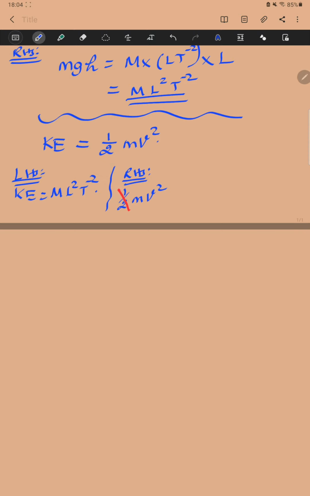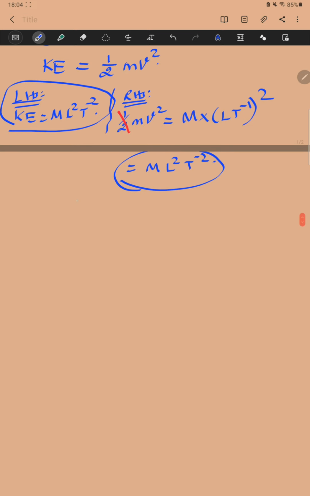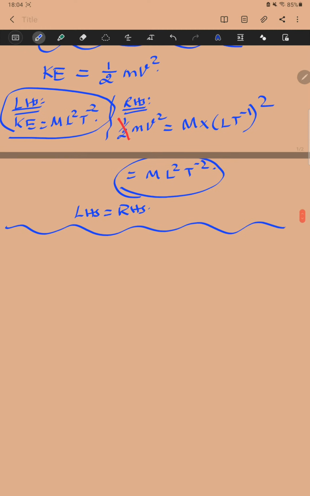Yeah, so m is mass, M, times velocity, L t power minus 1 squared, which equals M L square t power minus 2. So M L square t power minus 2, M L square t power minus 2, I can say left hand side equals right hand side. So this equation is dimensionally homogeneous.